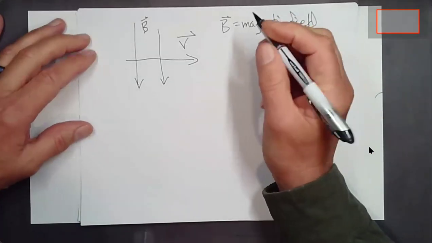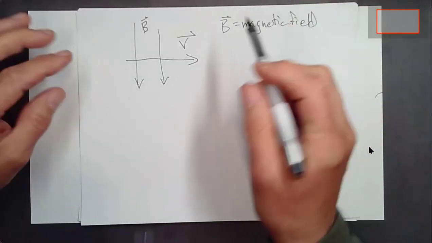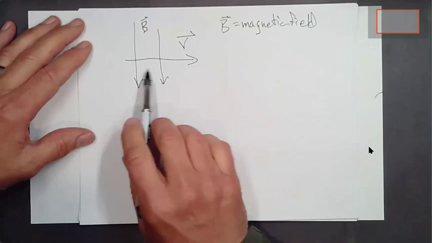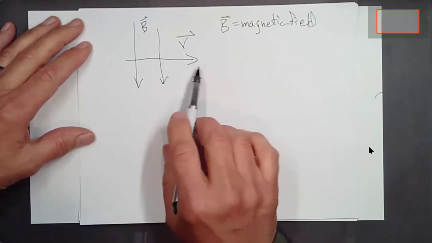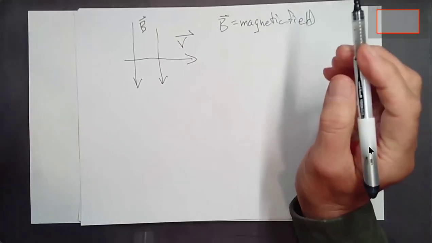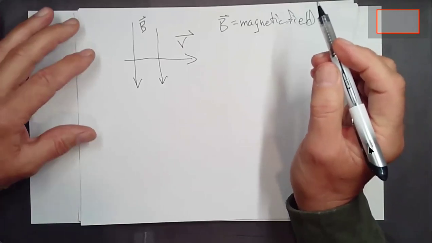And it's a charged particle. Okay, if it's not a charged particle, like if you sent a neutron through a magnetic field or a neutrino, its path would not be affected whatsoever.